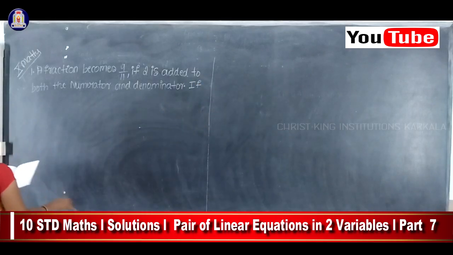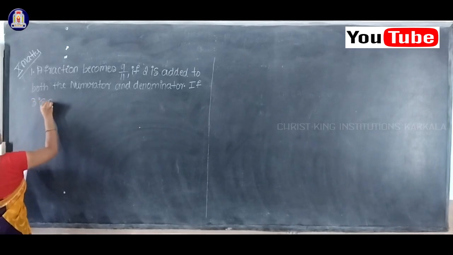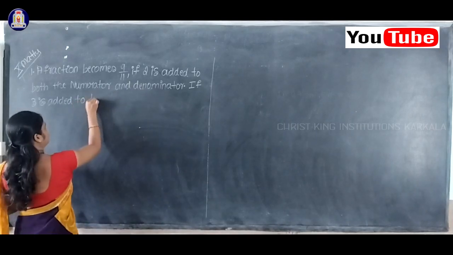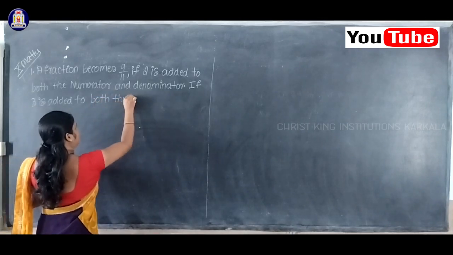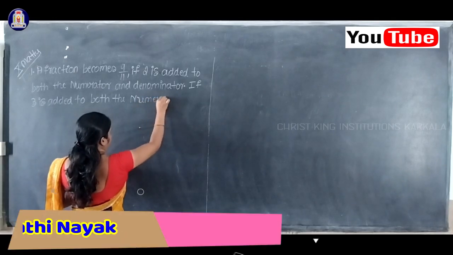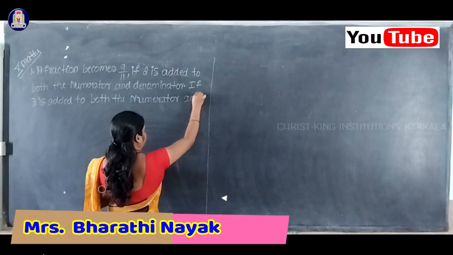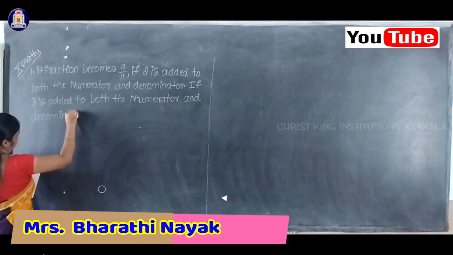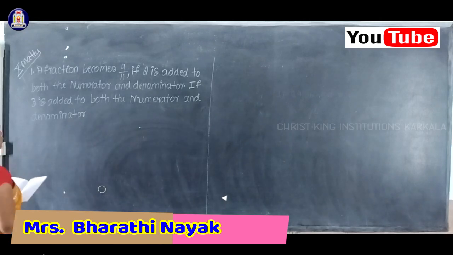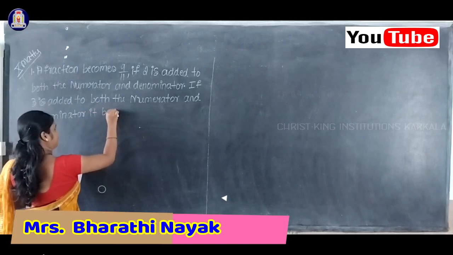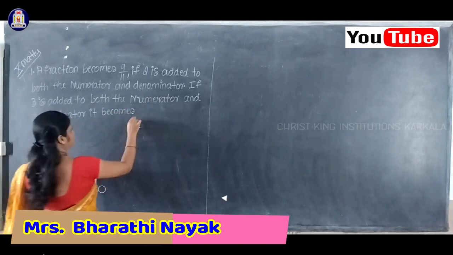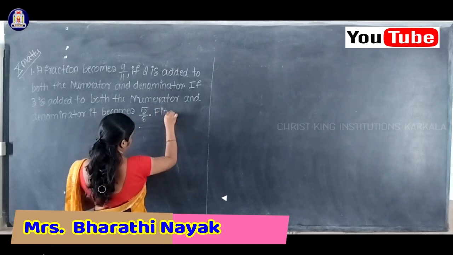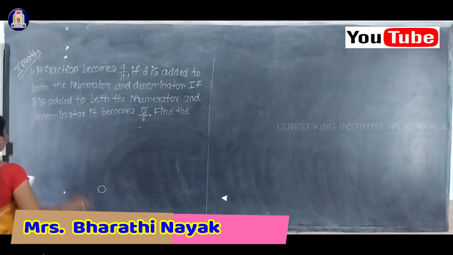If 3 is added to both the numerator and denominator, it becomes 5 by 6. Find the fraction.